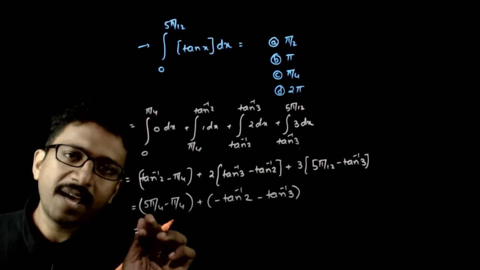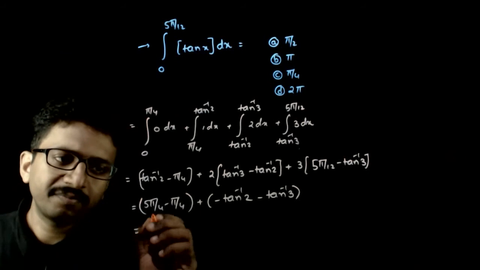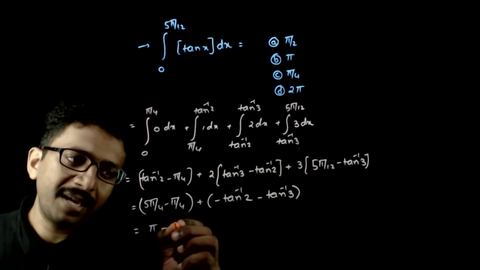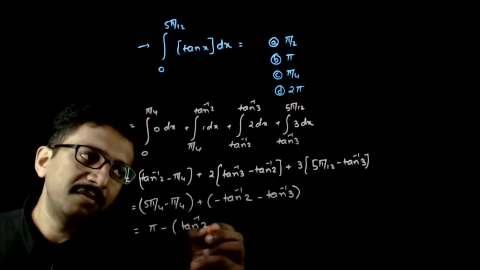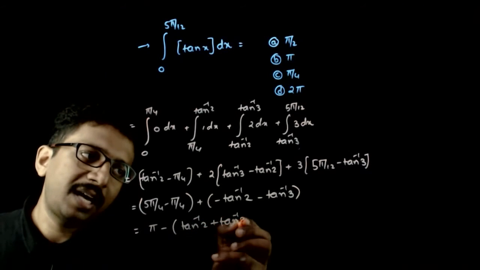So, that is equal to 5π/4 minus π/4, which is 4π/4, that is π, minus of tan inverse 2 plus tan inverse 3.